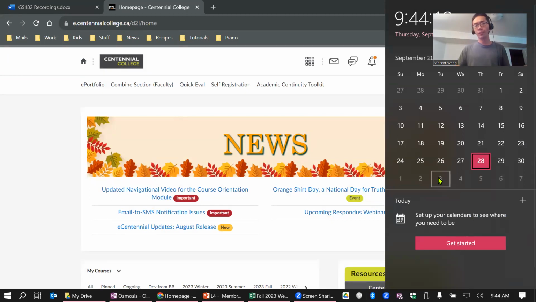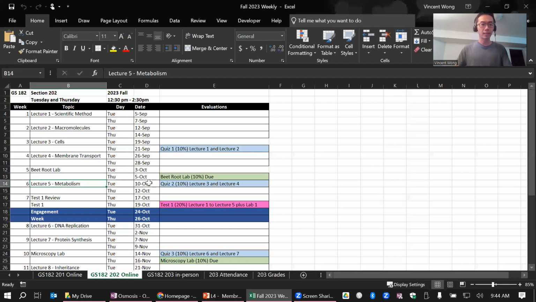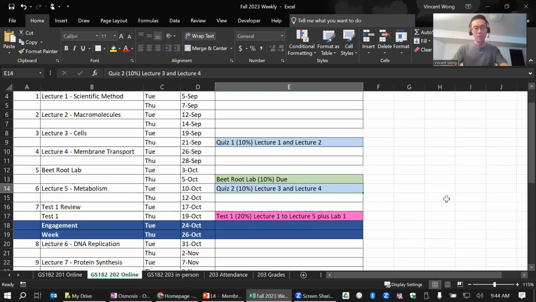The next test would be... Okay, again, you can look at the calendar. Do you know where to find the calendar, Georgia? I think so. Yep, so download the calendar and then you will know when things are going to be happening. October 10th is when you're going to have the quiz. You come to class normally on Tuesday, but no class on Thursday.